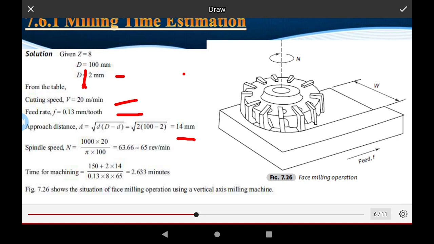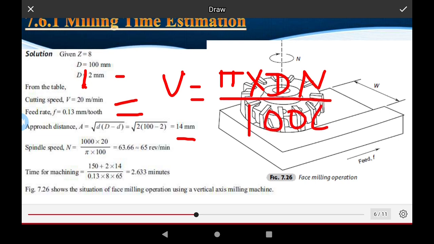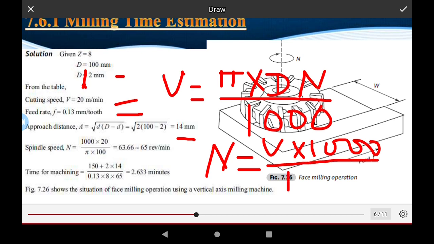Put in the values to find the value of N. So N equals v into 1000 upon pi into capital D. Putting the values in this formula, N is 65 revolutions per minute. This is the spindle speed.